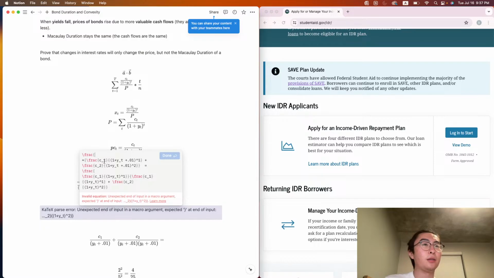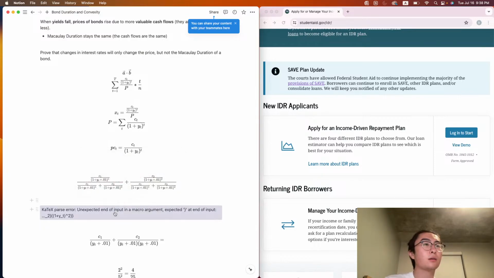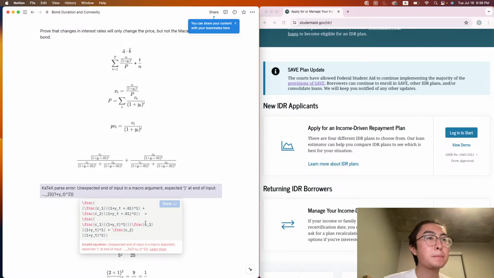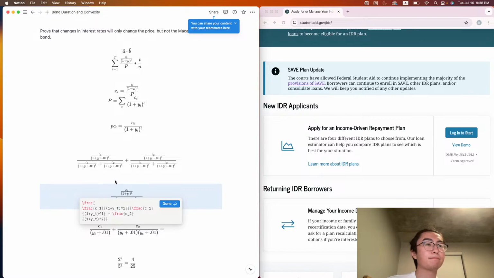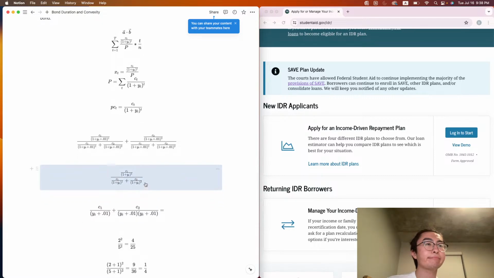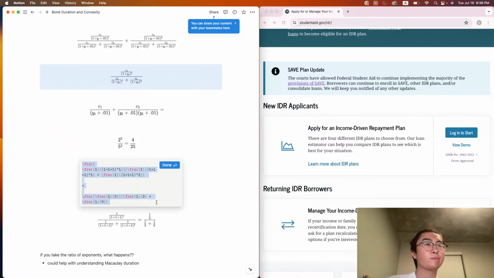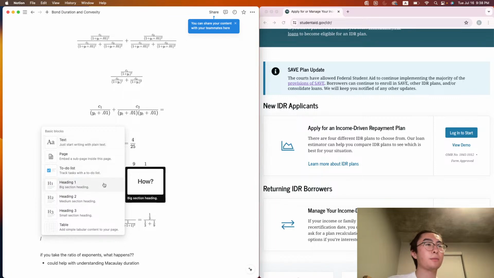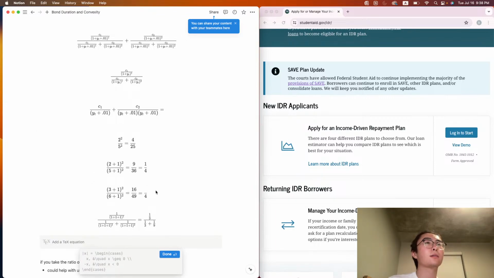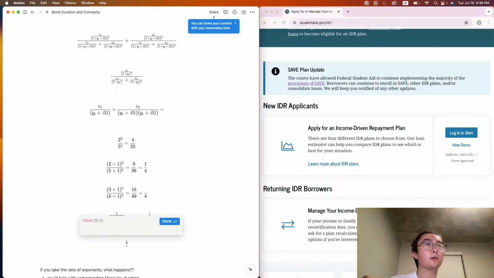This is kind of a big fraction. I don't even know at this point. So math. This is what I want, right? So back. So 1 plus 1.